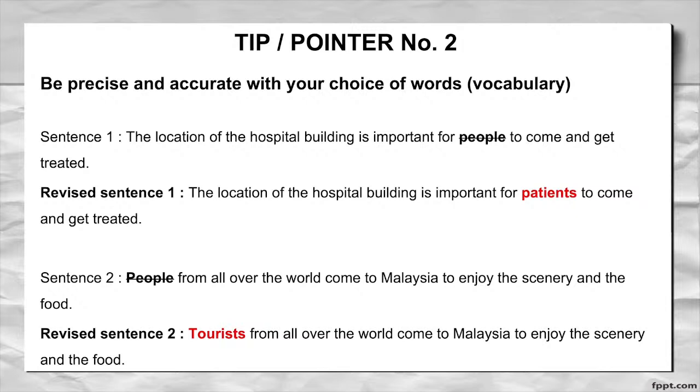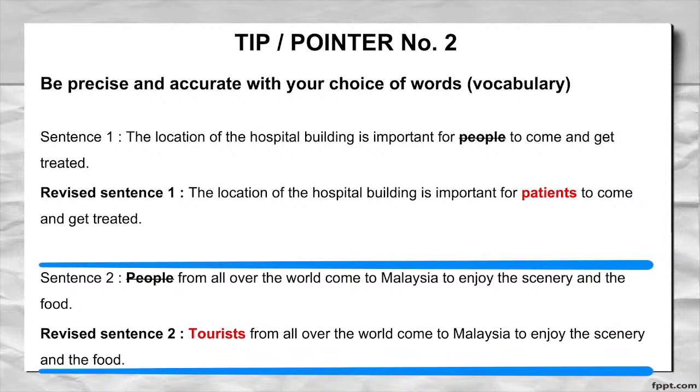Now, doesn't that sound better? Next, sentence 2. We substitute the word people with tourists. Tourists from all over the world come to Malaysia to enjoy the scenery and the food.